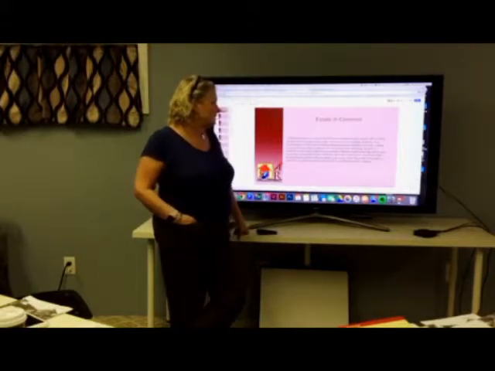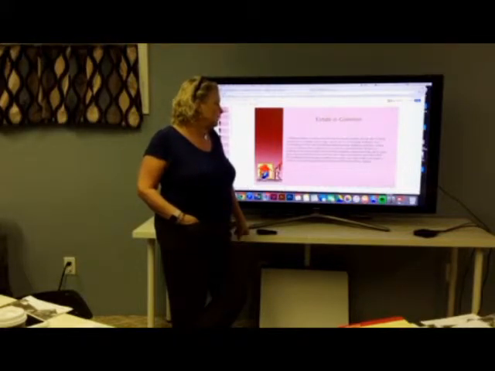Tenants in common do not have the right of survivorship between owners and may sell or give away their ownership interest. Another distinction of tenants in common is that the ownership interest does not need to be equal.